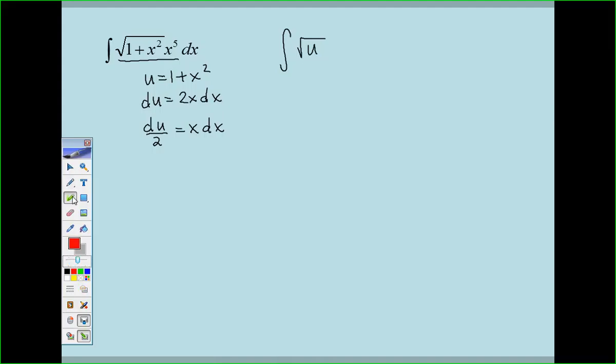Now that is replacing this piece here. Now we could replace x dx. So let me rewrite. If I rewrote our integrand as x to the 4th times x times dx, because I can see I could replace my x dx with du over 2.